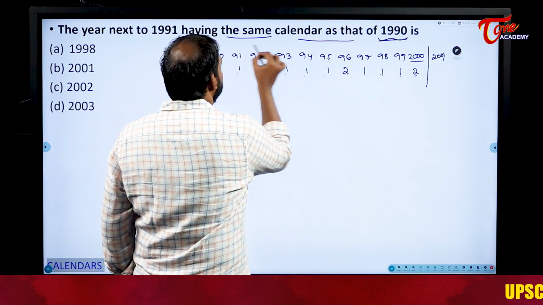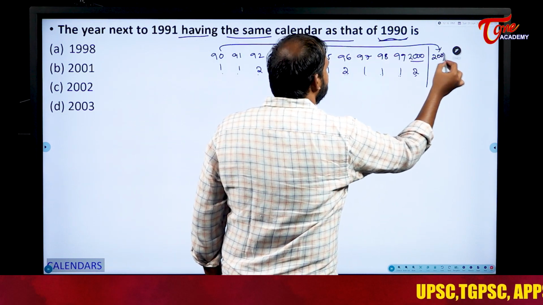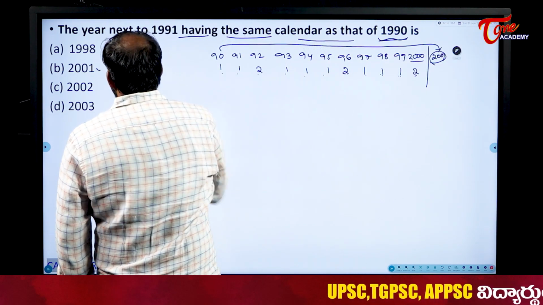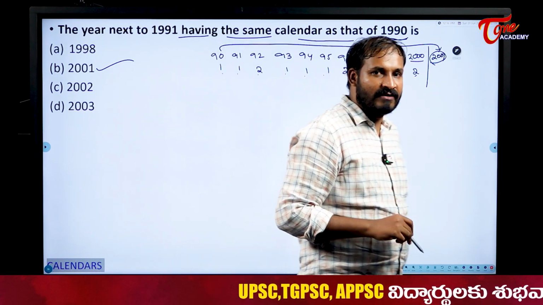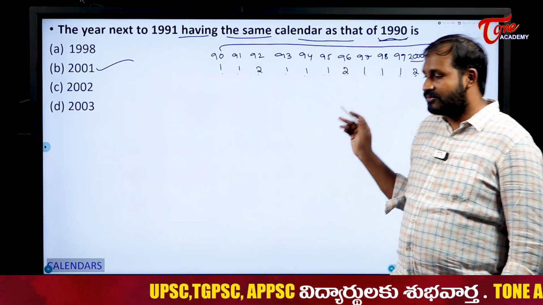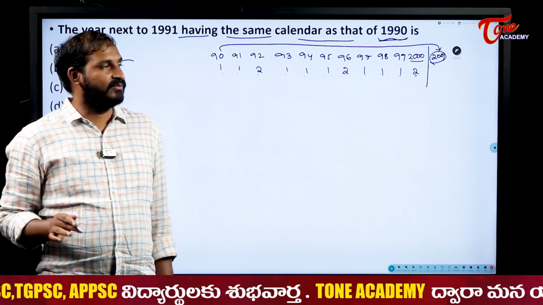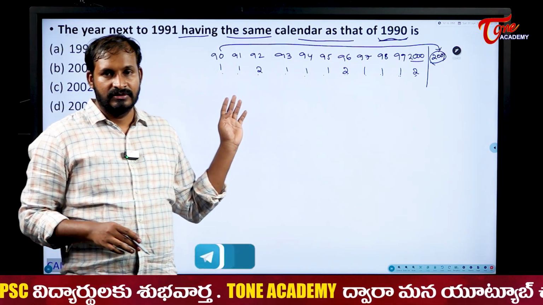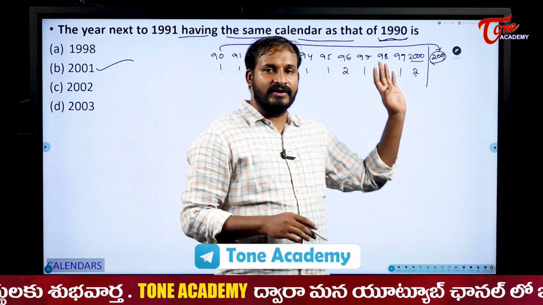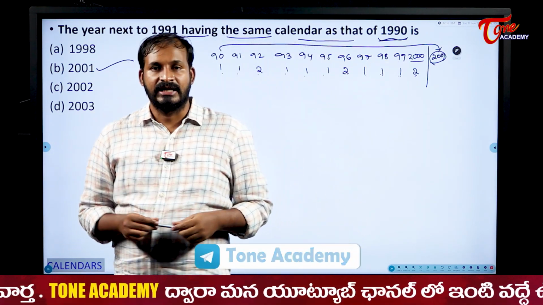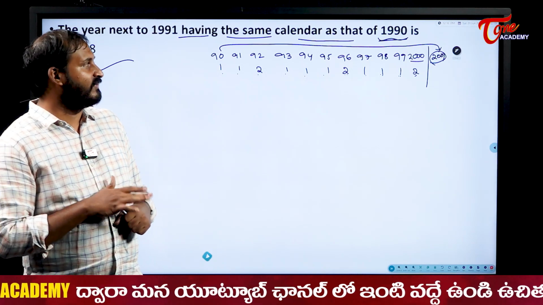So 1991's calendar I can use once again in 2001. See here, students, in this century there will be no issue with the century crossing. Why? Because 2000 is a leap year, so it will be smooth. We can easily get our answer effectively.